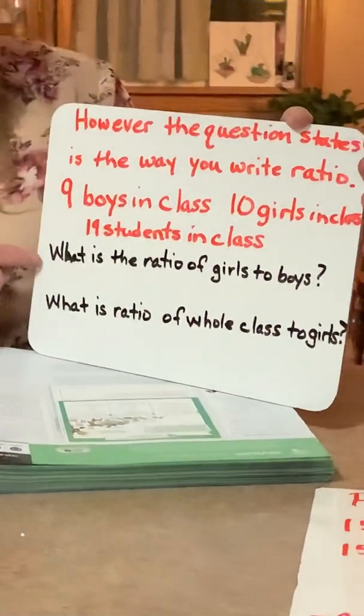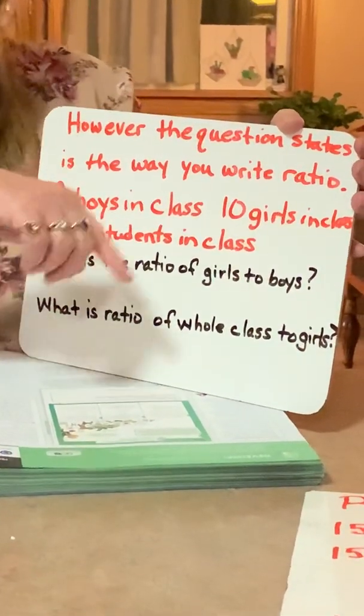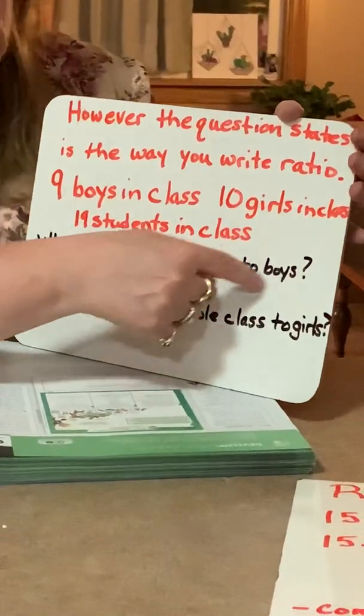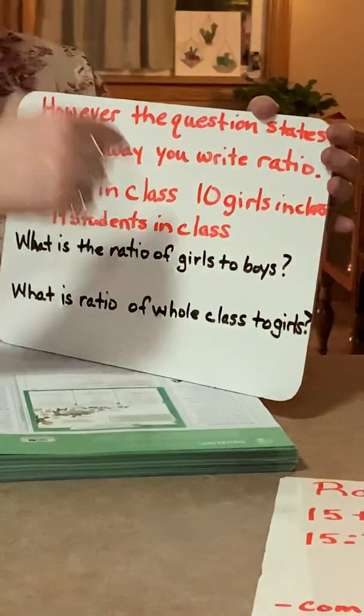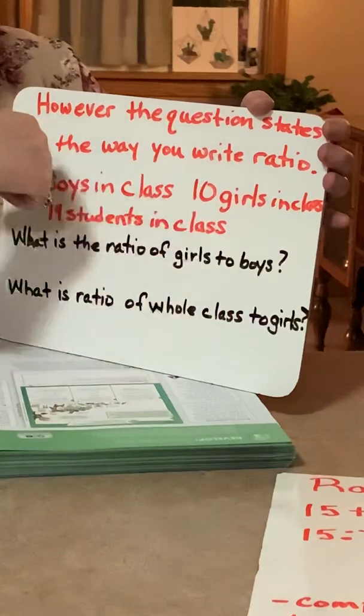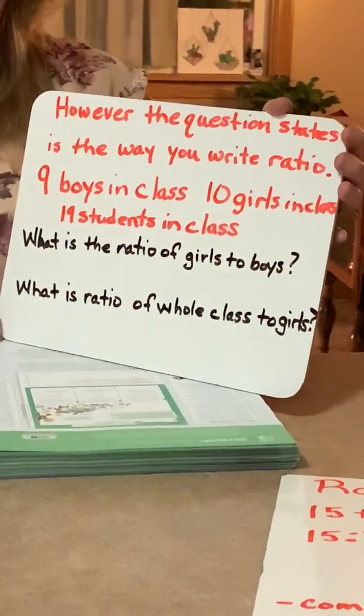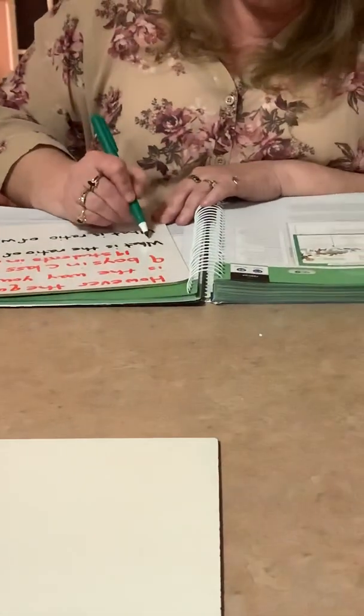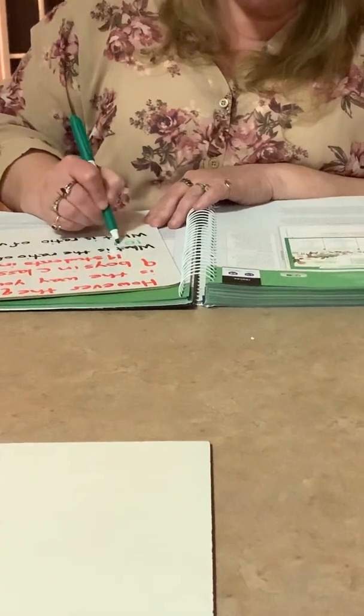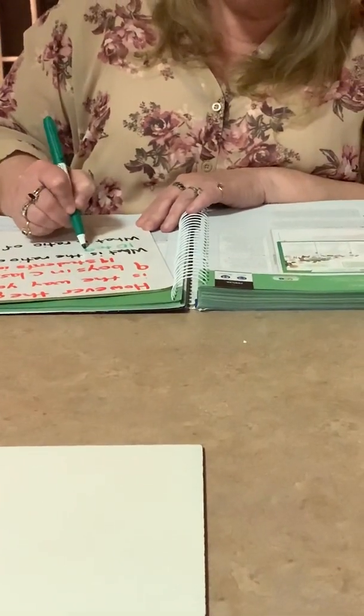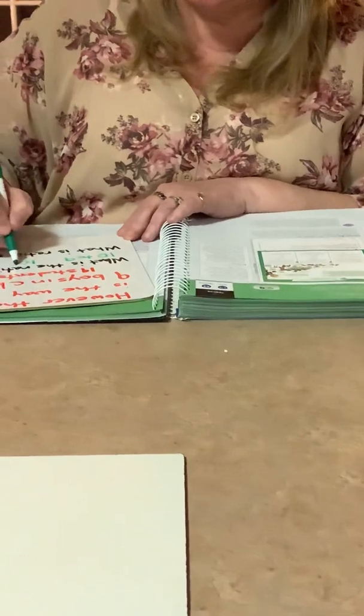Now, this question asks, what is the ratio of girls to boys? So you have to give me the girls to the boys. You're going to write that ratio as 10 to 9. You can write it 10, the word "to," 9. You're going to write 10 with a colon, 9, or 10 to 9 with the bar.